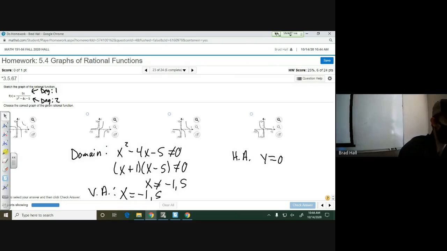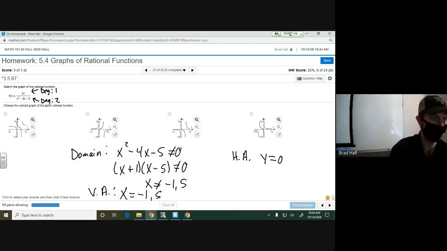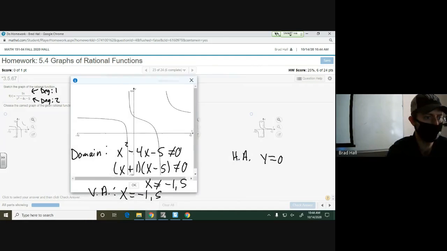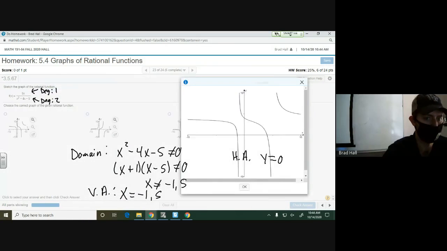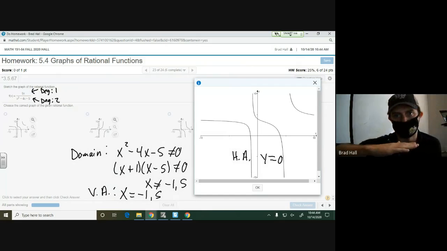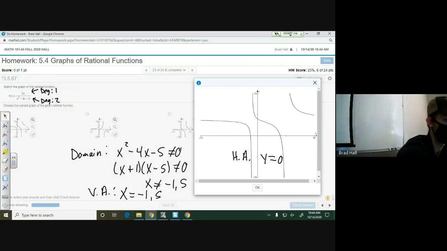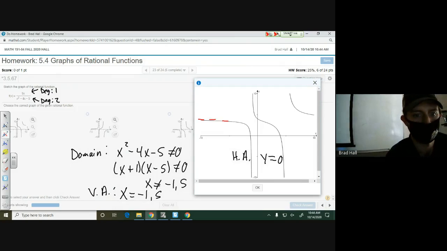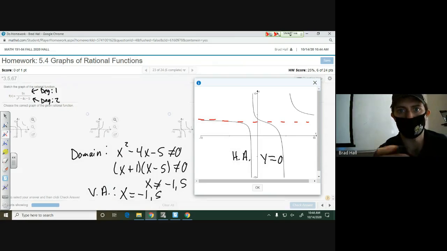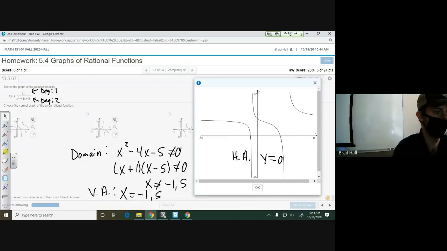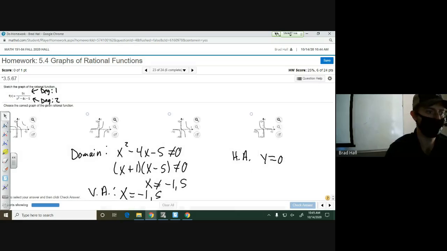Now we can go ahead and eliminate another one of these. Ideally, this one, and the reason why we can eliminate this one is that it has the horizontal asymptote shifted up, as you can partially see right here. They don't have the dotted lines for you. So it's got to be one of the middle two.